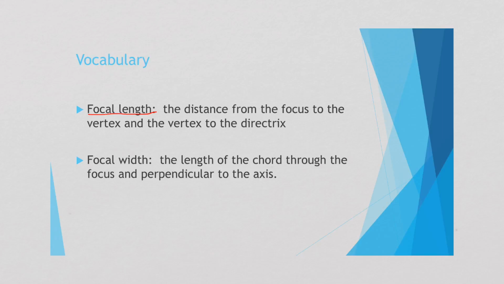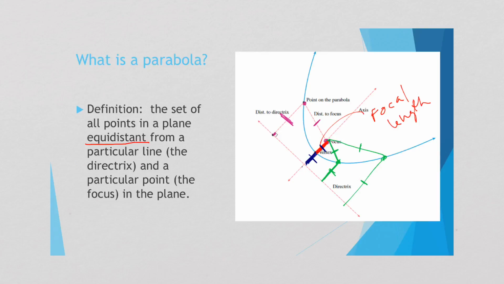The next piece we want to talk about is the focal width. This is the length of the chord through the focus perpendicular to the axis. So if I go back again, if I go through the focus out to the graph, perpendicular to the axis. Now notice the axis, I went too far.